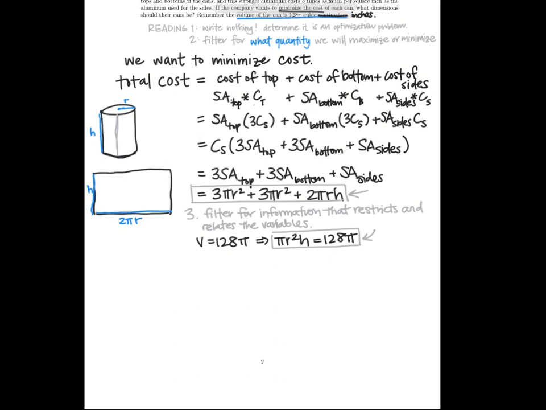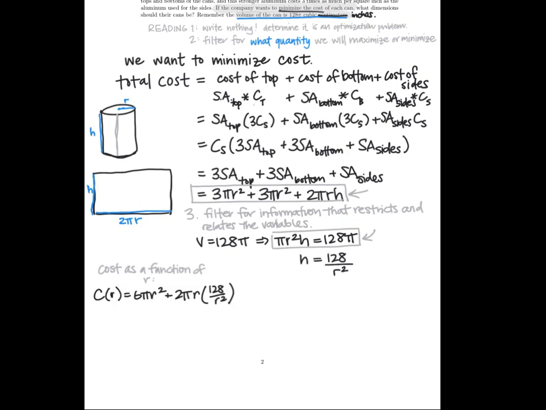And even though you can absolutely solve for r squared and have a pretty reasonable substitution here and here, it gets a little messy here, and it's just a lot of work. If you're subbing in for r, you definitely want to sub in for h instead. So what we're going to do is, in this piece of information, we're going to solve for h and put it right back in here.